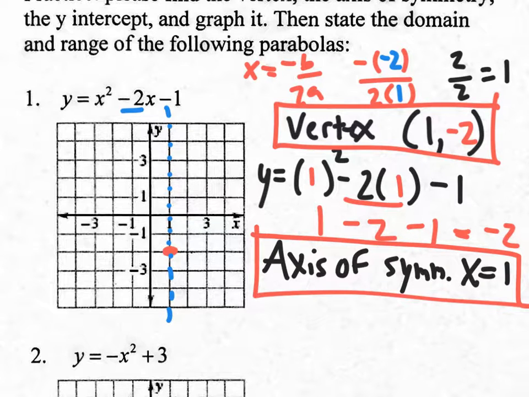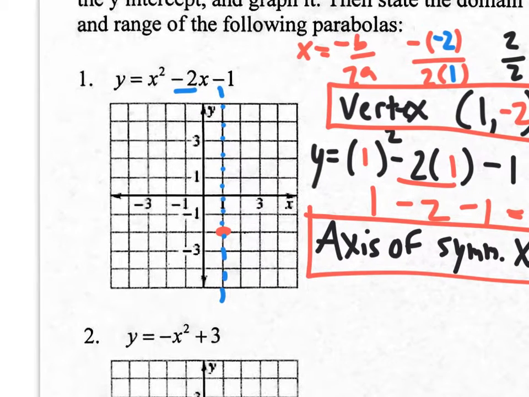Now we normally go and we make an xy table, right? We normally go and make an xy table and plug in values that are on the same side of the axis of symmetry to find the coordinates to graph our parabola.